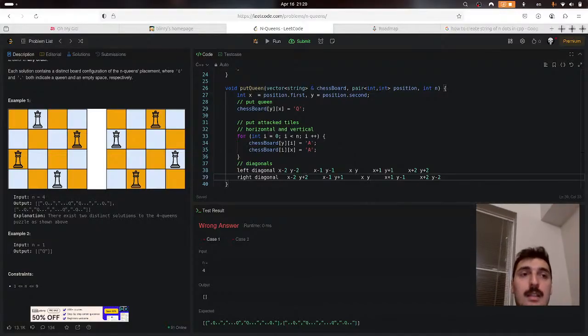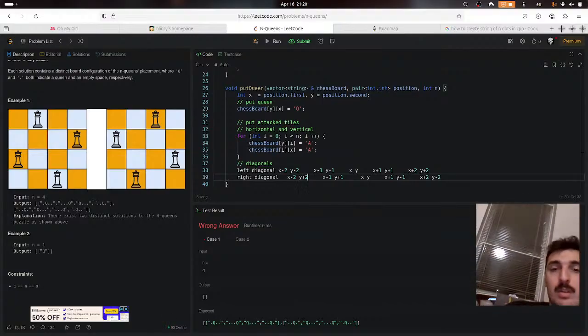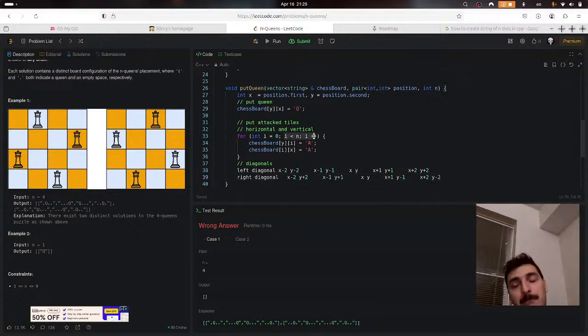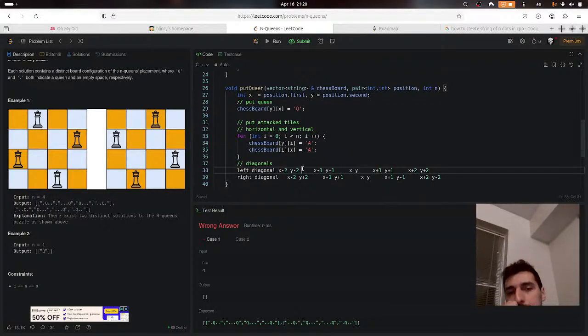This is an important thing to consider. This i iterator here can't be bigger than n.